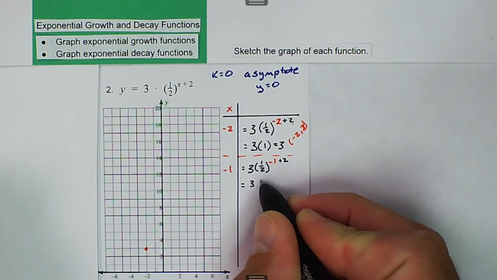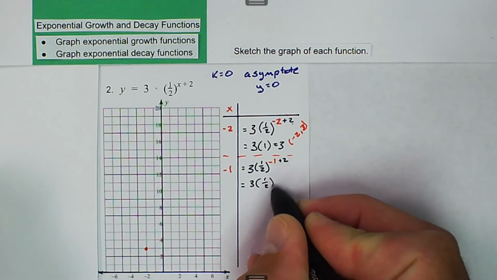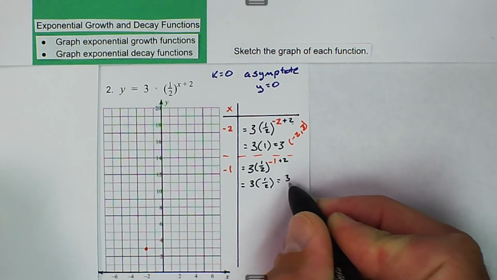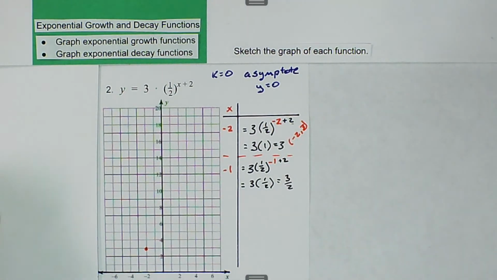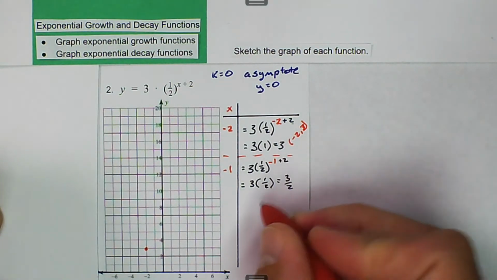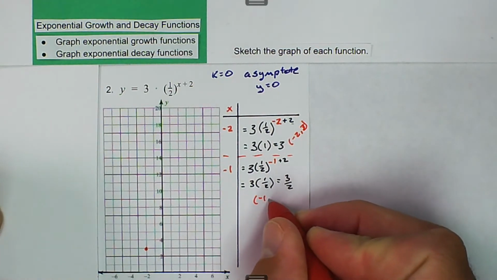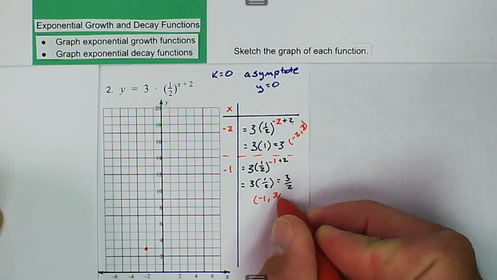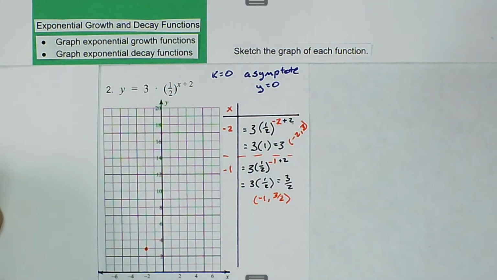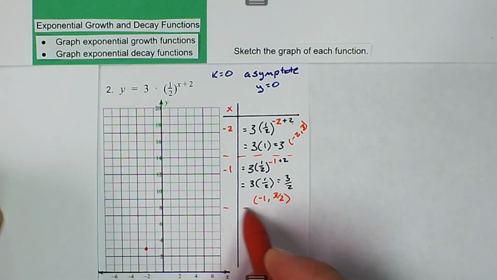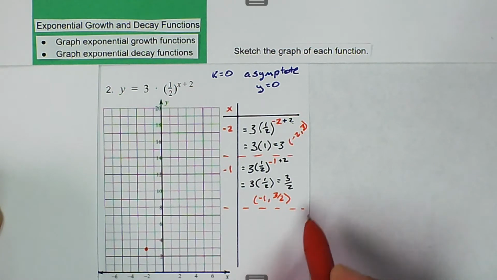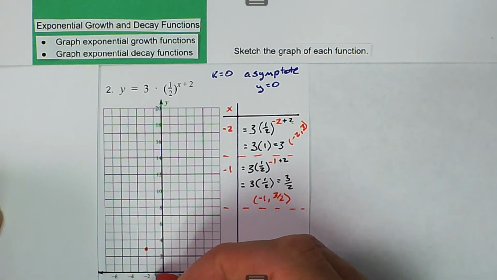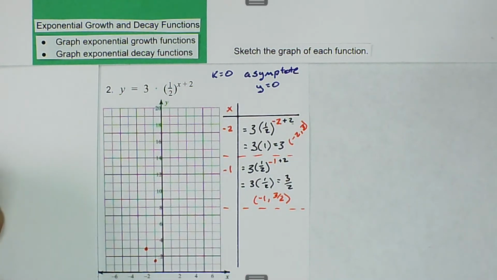So we get 3 times 1/2, which is equal to 3/2. So then we get the ordered pair -1, 3/2. So -1, 3/2 is right there. And this is getting pretty close to 0.